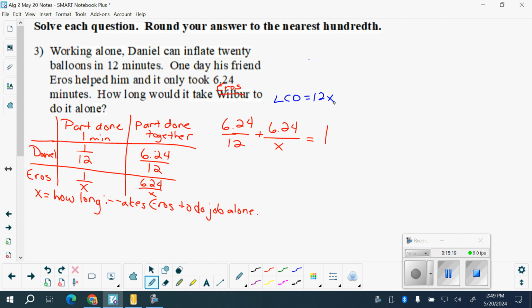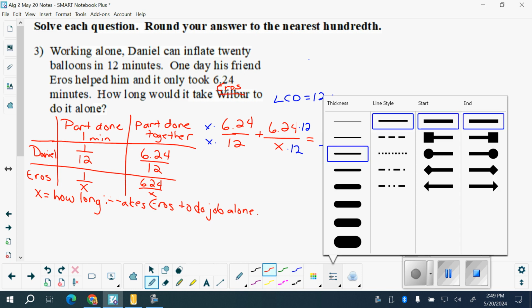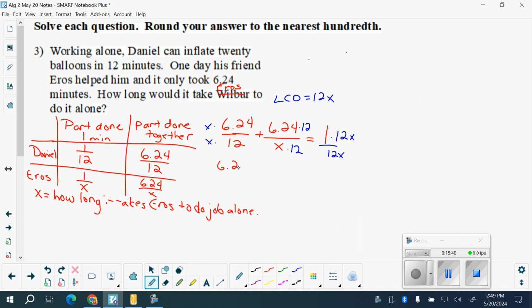So we're going to multiply top and bottom by X here, top and bottom by 12 here, and top and bottom by what on this one? 12X. We get 74.88 over 12X.